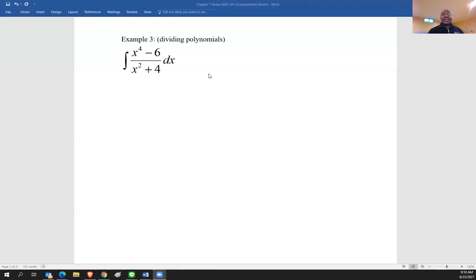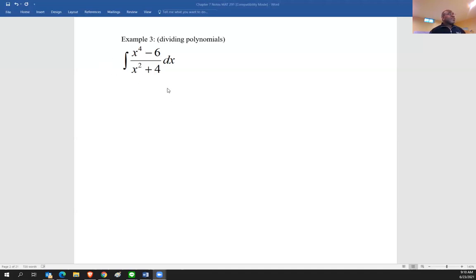And we're not doing anything really all that new. This isn't a new technique of integration. All we're basically doing is applying some algebraic methods and then using substitution, which we've already learned, in order to evaluate these integrals. So let's look at the next example.